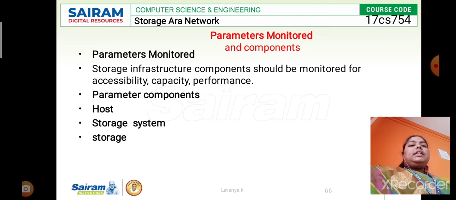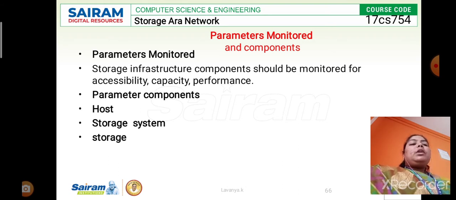The parameters we are going to monitor to check the exact data in the storage infrastructure are accessibility, capacity, and performance. These three parameters are used to monitor the data in the storage infrastructure, or it may be a cloud environment.